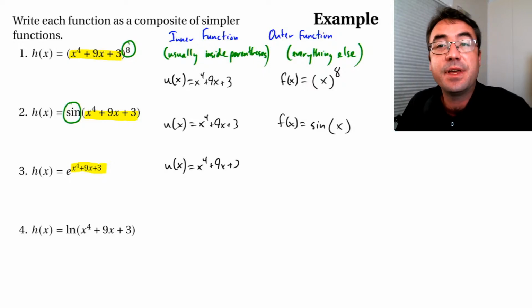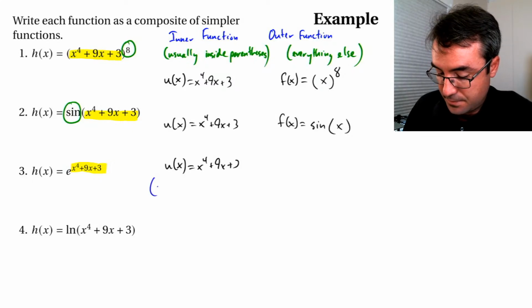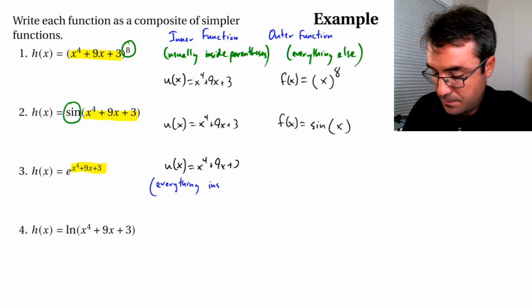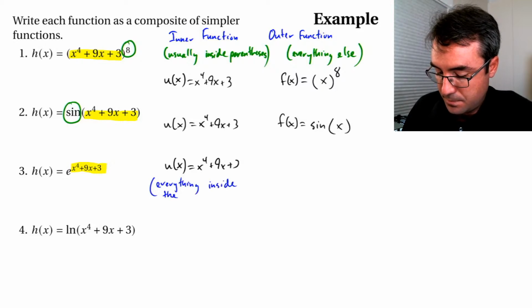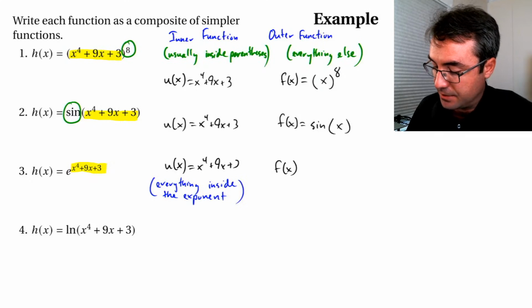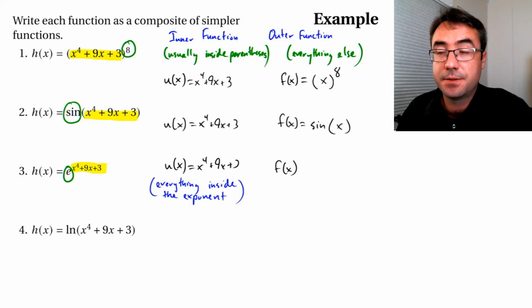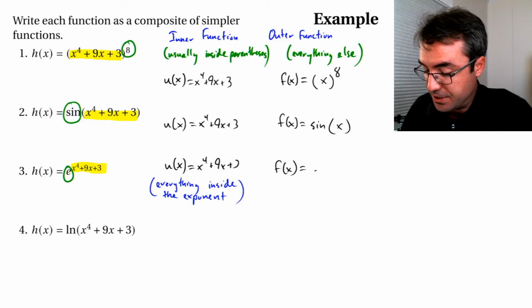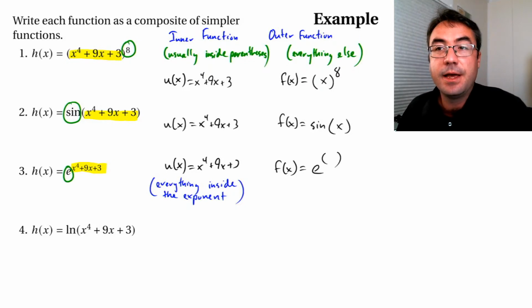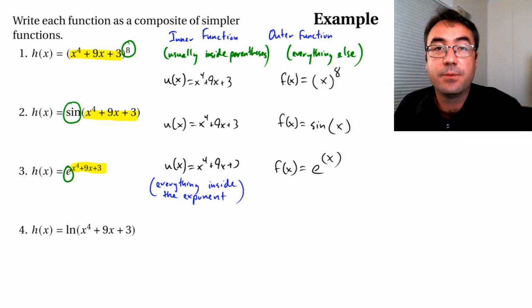The inner is everything inside the exponent. And then our outer function is everything else. And so everything else is the exponential part. So it would be just e raised to whatever. And we want a variable there, so let's just put an x there. So it'll be e raised to the x.